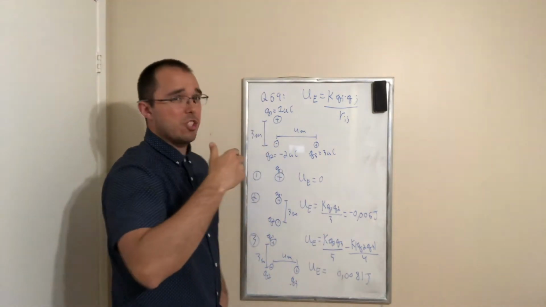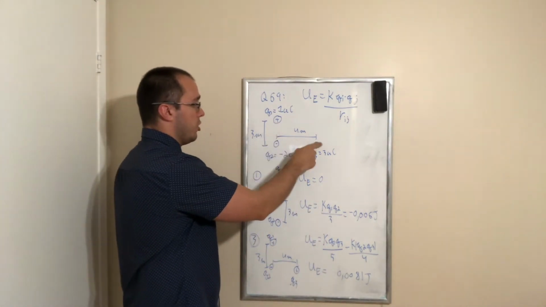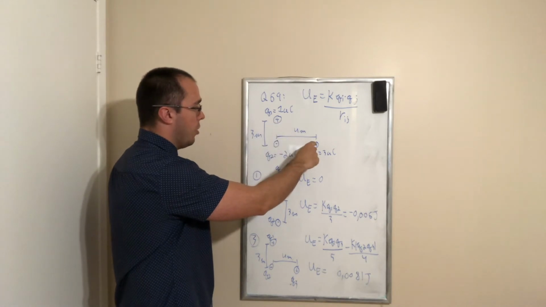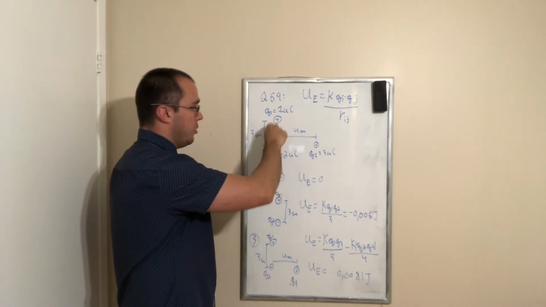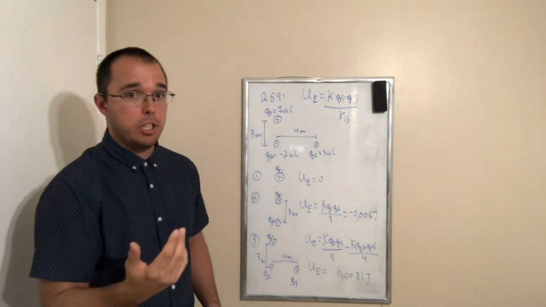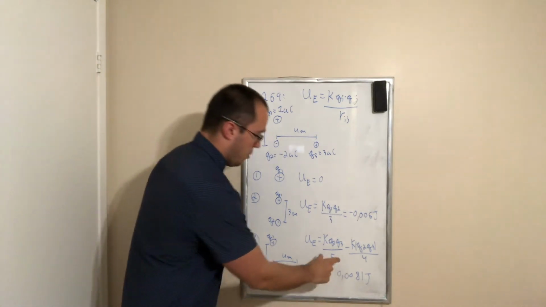Now note, just as in our previous example, the distance between the first charge and the third charge is 5 meters, because you would create a triangle with sides of 4 meters and 3 meters. The distance between Q1 and Q3 will be the hypotenuse, therefore a distance of 5 meters. All right, so 5 meters over here.